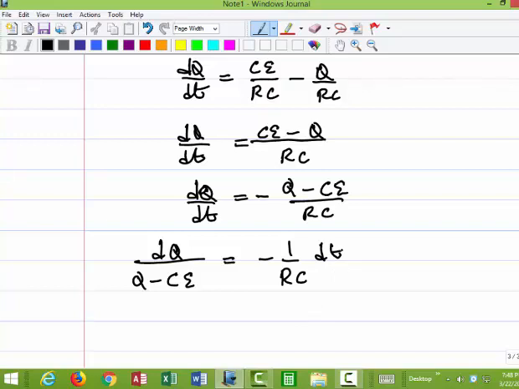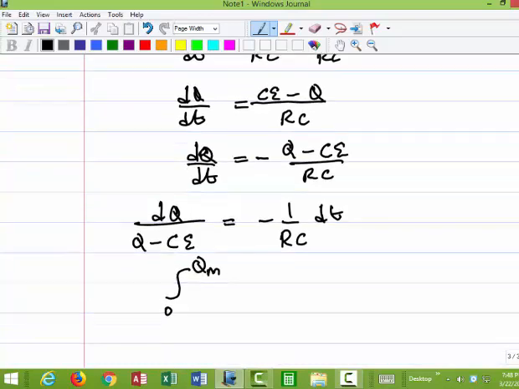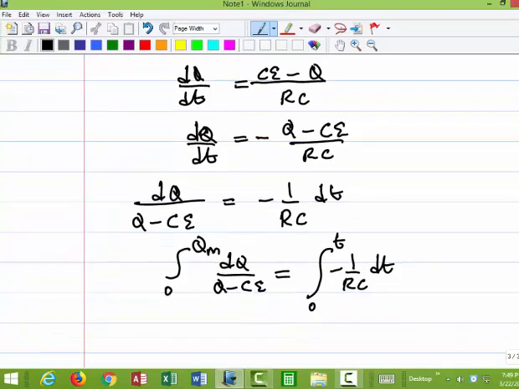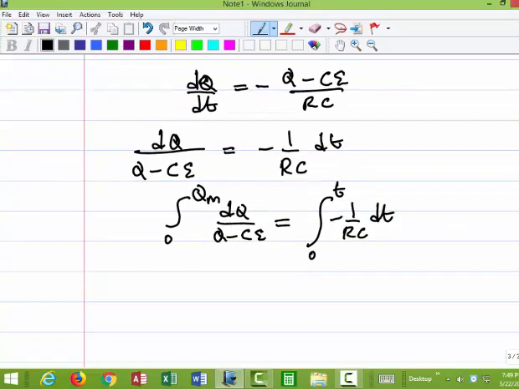So now you can integrate both sides from 0 to Q max, with dQ over Q minus CE, and that should be equal to the integral of minus 1 over RC dt, like that, from 0 to T. Alright. So the result for this, you can find this formula in the back of the book somewhere.